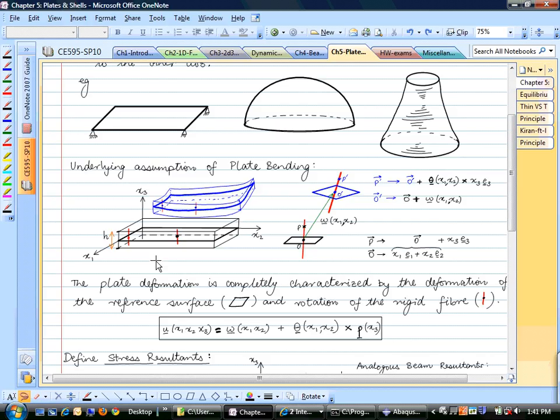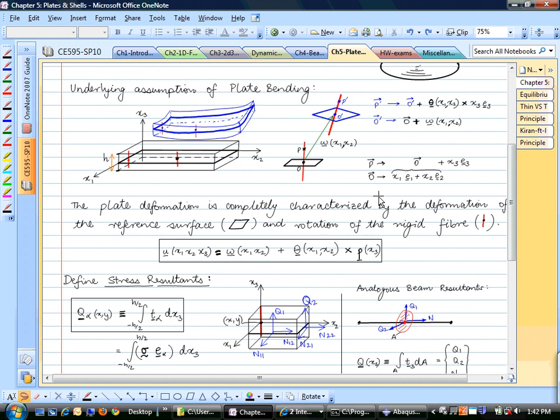Even for a simple cantilever beam, you remember we needed at least 4 layers of elements to get a good displacement. So the idea is that people found that we can express the displacement of the entire plate through the displacement of this centroid axis and the rotation of this fiber.